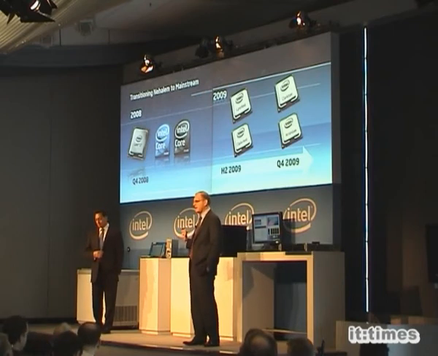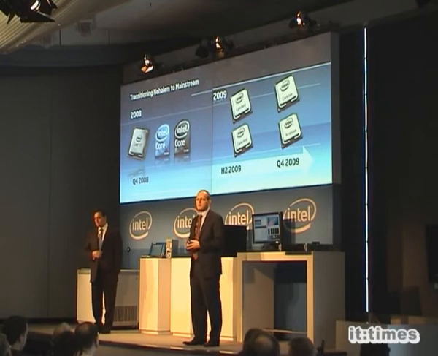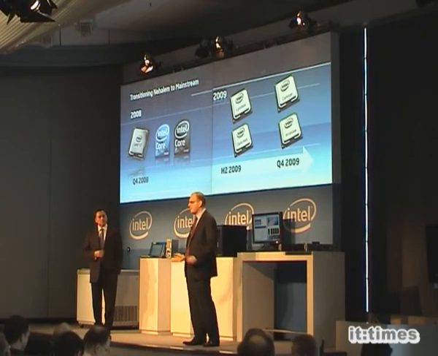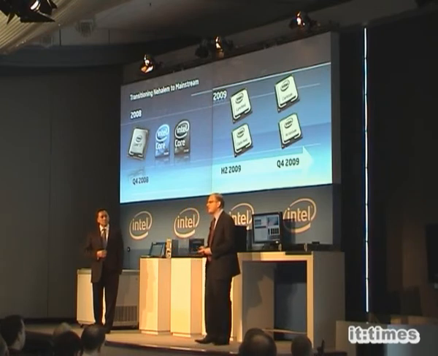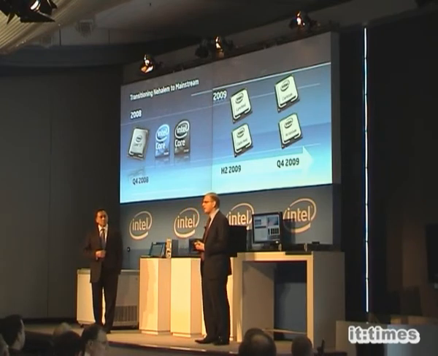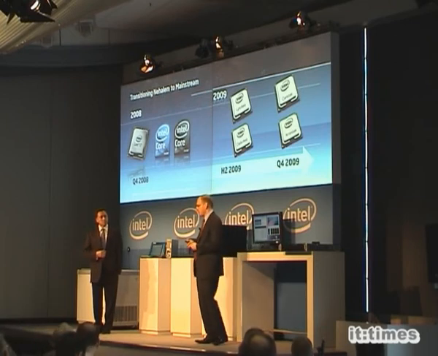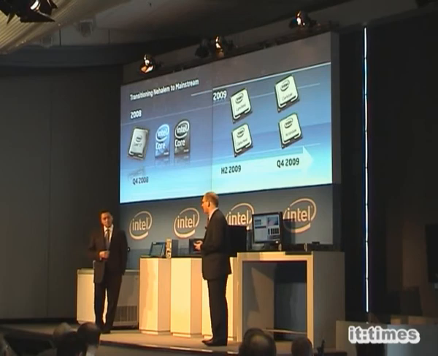That's Clarkdale and Arrandale. And those products also include integrated graphics on the CPU. Those two products, based on 32 nanometer technology, allow us to really bring the Nehalem architecture through our mainstream product segments and bring the value of that Nehalem architecture that we launched in November to a much greater number of people, thanks to 32 nanometer technology.